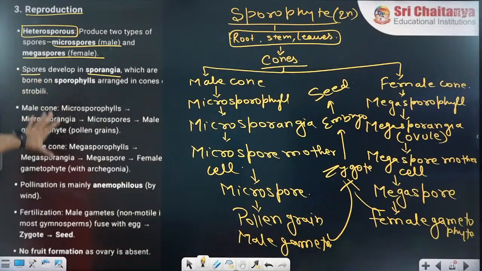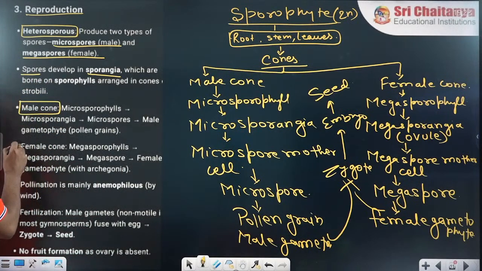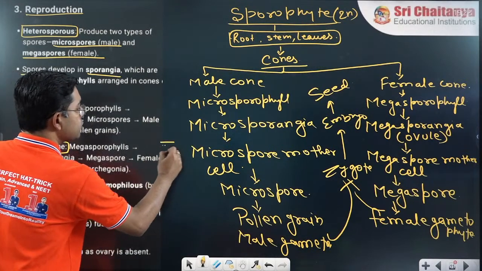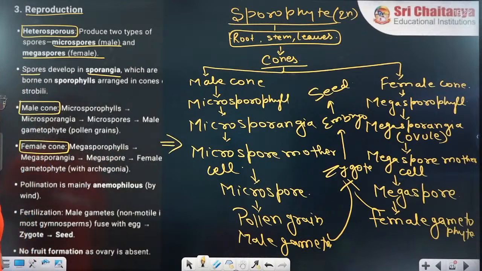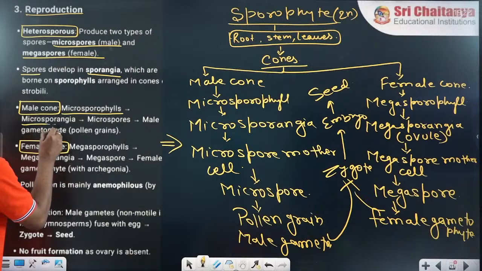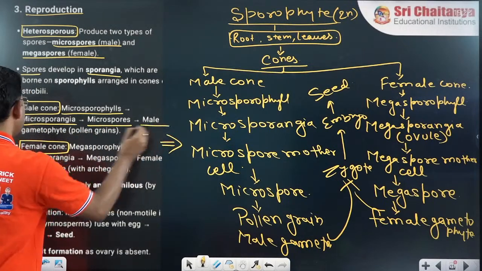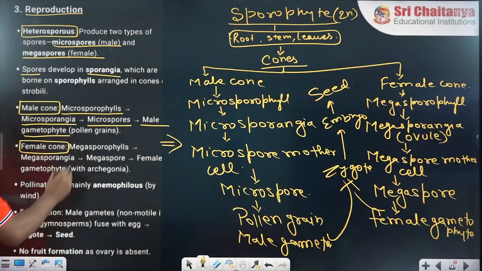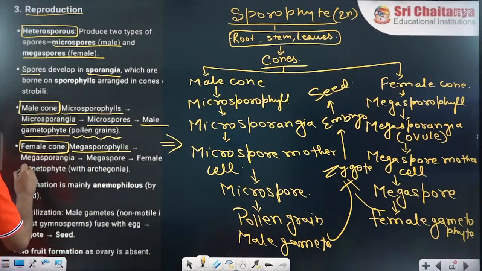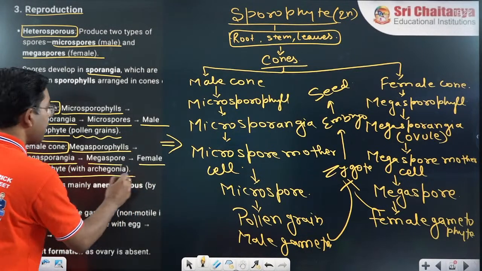So now if we see this, here it is given male cone separate, female cone separate. You can correlate this with this life cycle which I have drawn. Now male cone has microsporophyll, which has microsporangia, which has microspore, which forms male gametophyte, right, which is pollen grain. Female megasporophyll, megasporangia, megaspore, and that forms the female gametophyte.